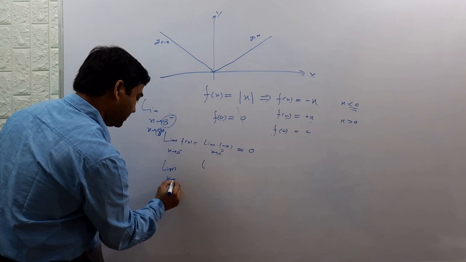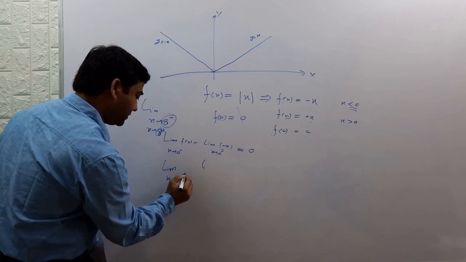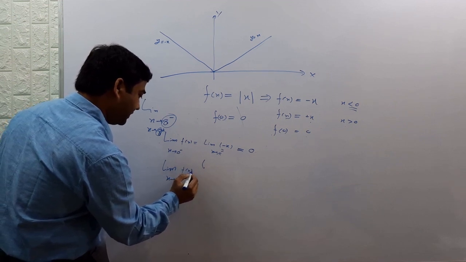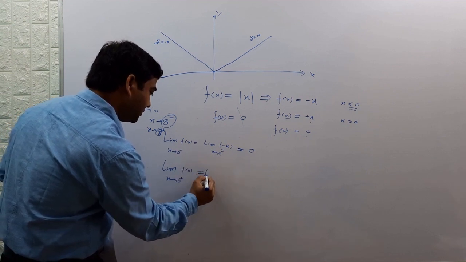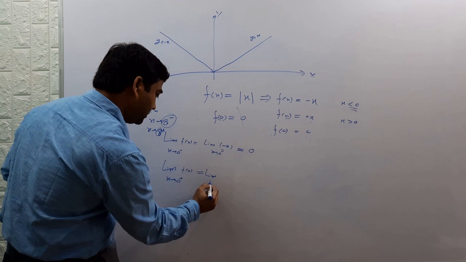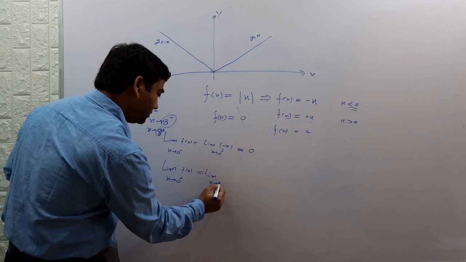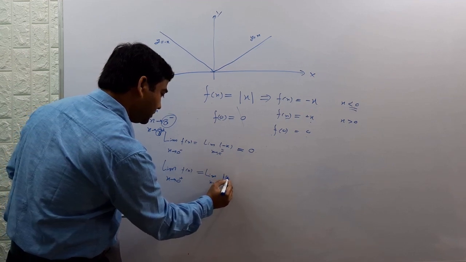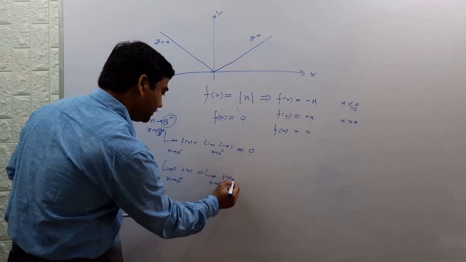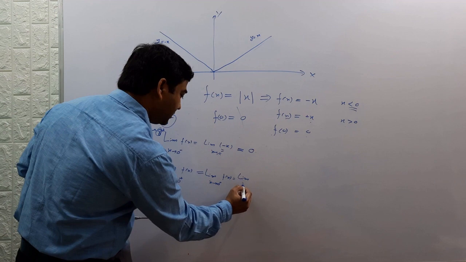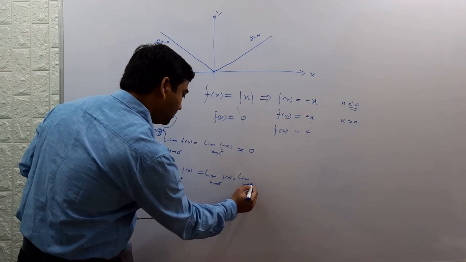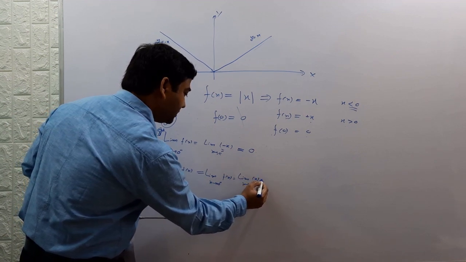The limit as x tends to 0 plus of f(x) is equal to the limit as x tends to 0 plus of x, which is 0.